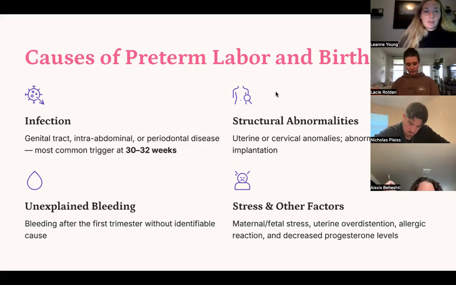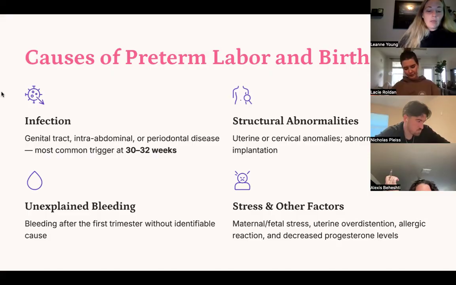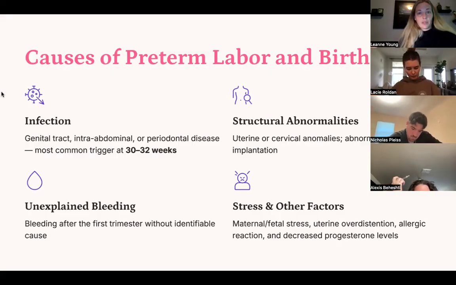So if she has decreased amounts of progesterone through her pregnancy and it's not going to sustain it all the way to 40 weeks, she could go into preterm labor. And then what do we do in that situation? We document that. And then the next pregnancy, she's started on progesterone replacement earlier in her gestation.